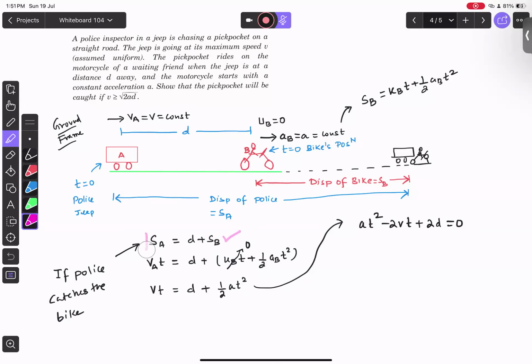If the police catches this bike, then this equation will be true or not. True, no? If the bike is caught by the police, then this statement must be true.